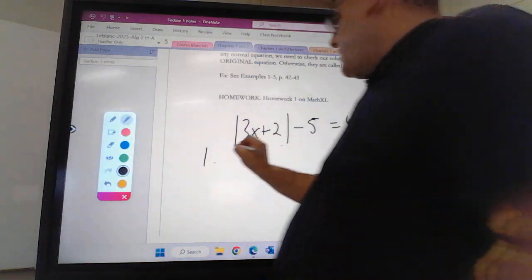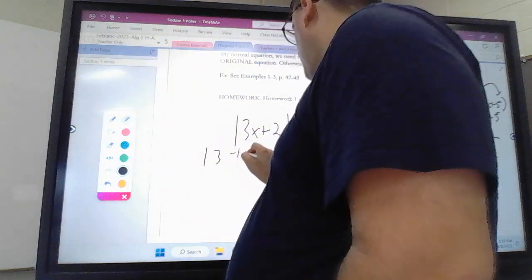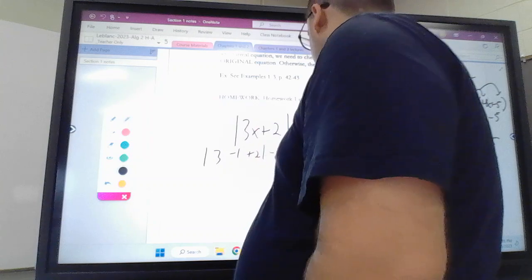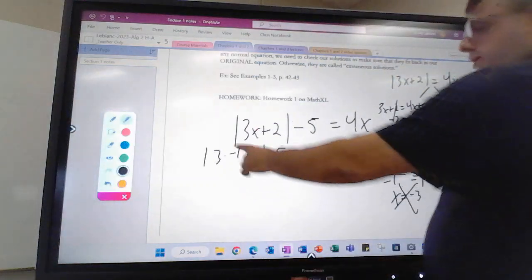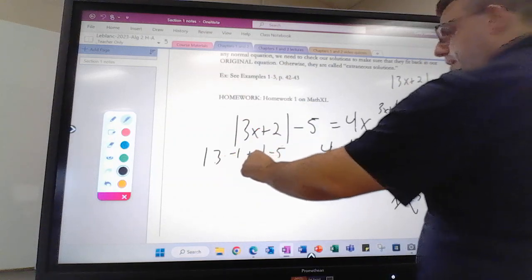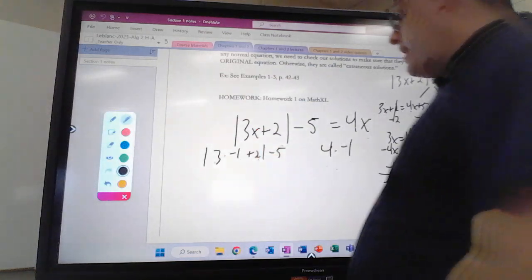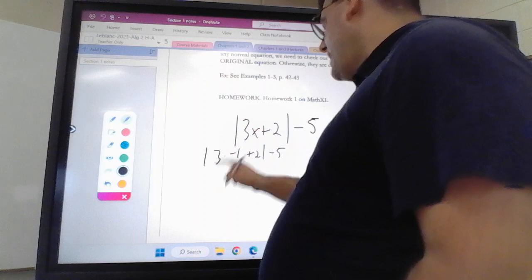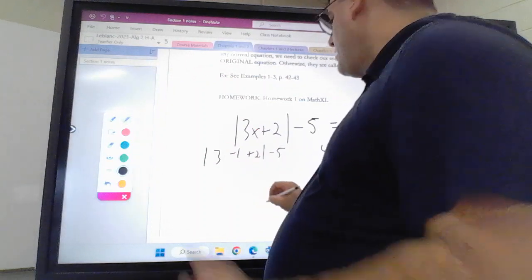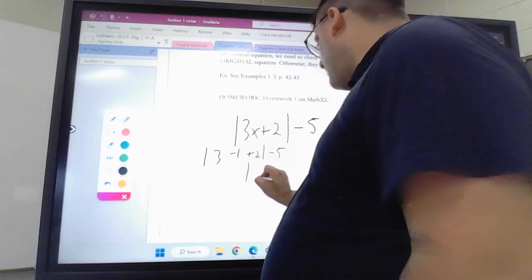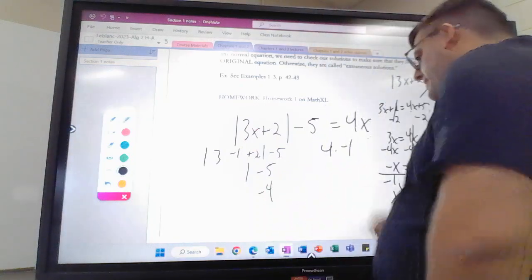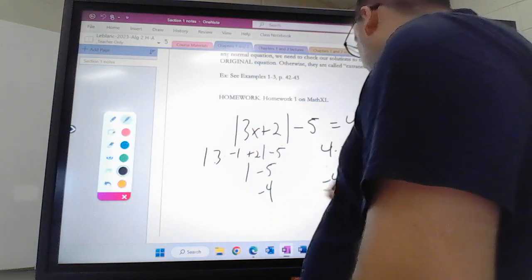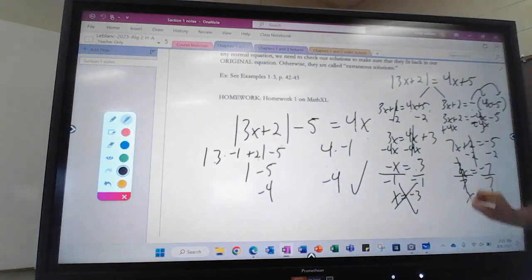So that's 3 times negative 1 plus 2 minus 5, and I have 4 times negative 1 on that side. So 3 times negative 1, that's negative 3. Negative 3 plus 2 is negative 1. Absolute value of negative 1 is positive 1. 1 minus 5 is negative 4. 4 times negative 1, also negative 4. Checks out. Negative 1 is our solution here.